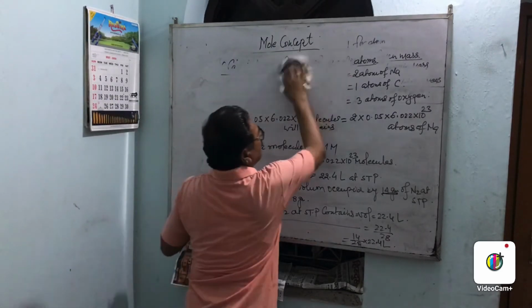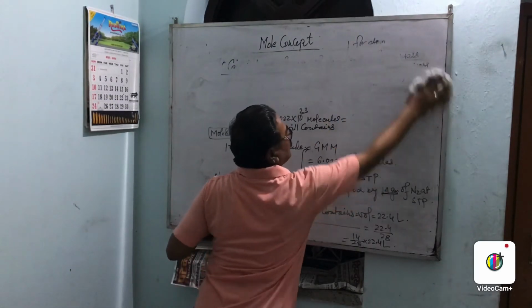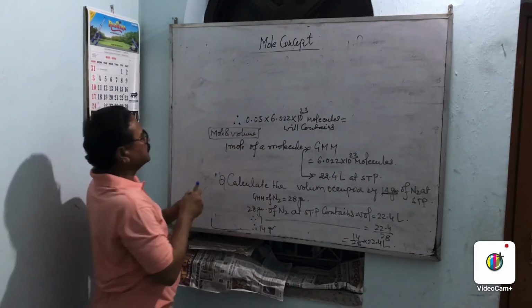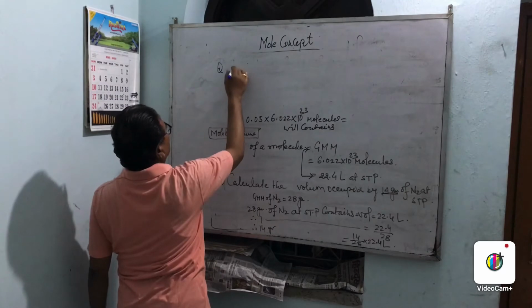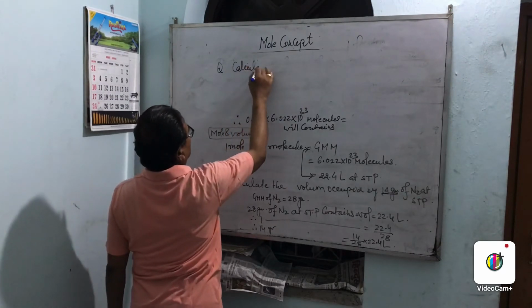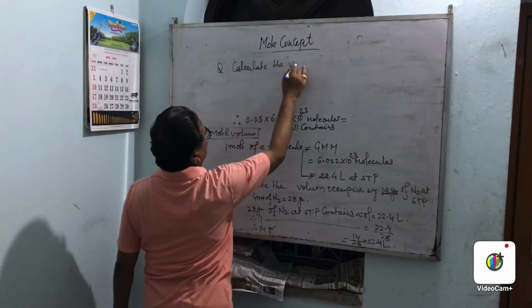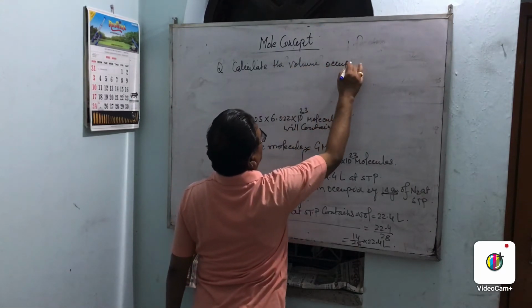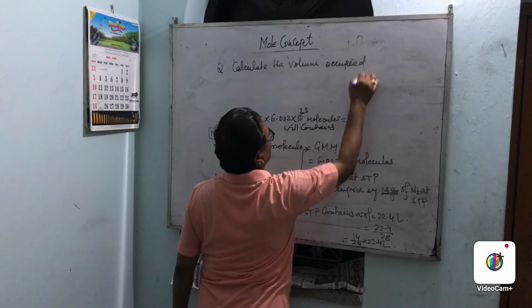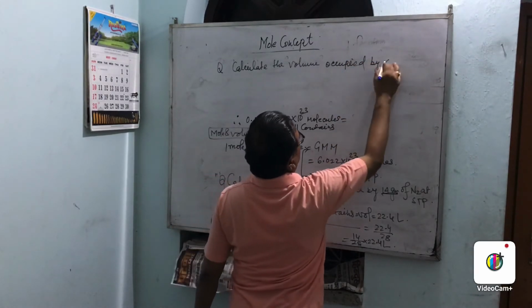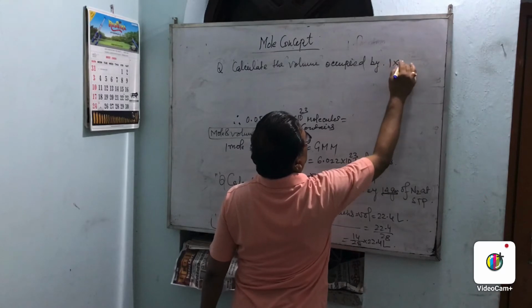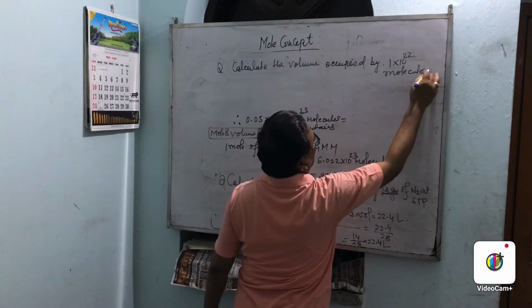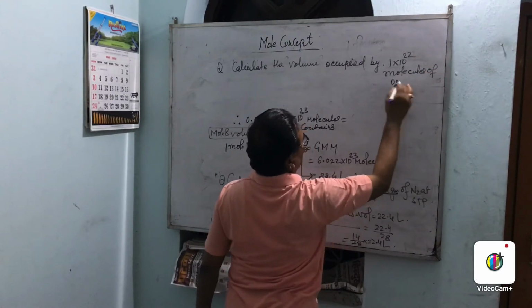Now we take another question. Calculate the volume occupied by 1 into 10 to the power 22 molecules of dioxygen, O2.